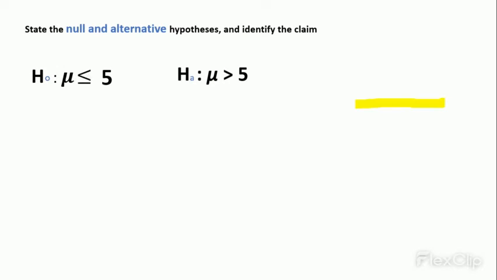We need to determine the critical value. We have n greater than or equal 30, so we can use the z value, and because it is greater, it will be a right tail.